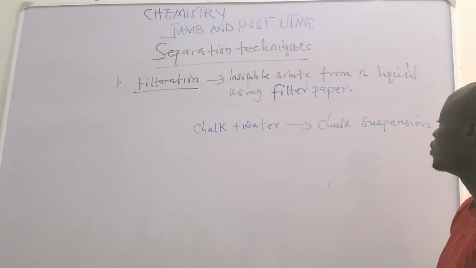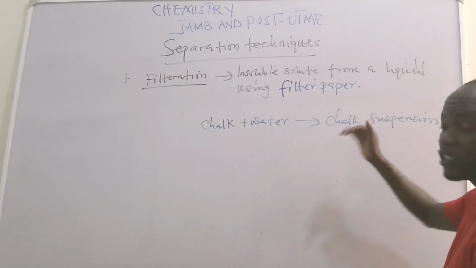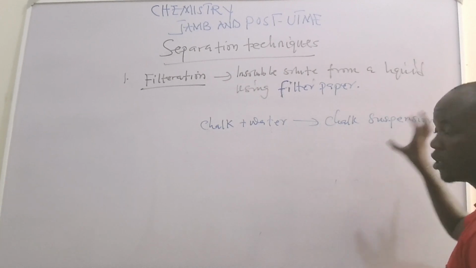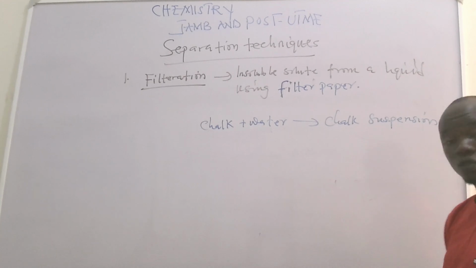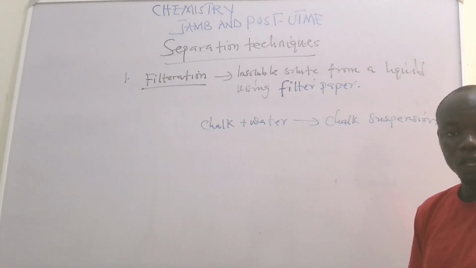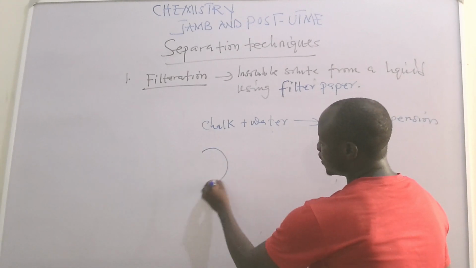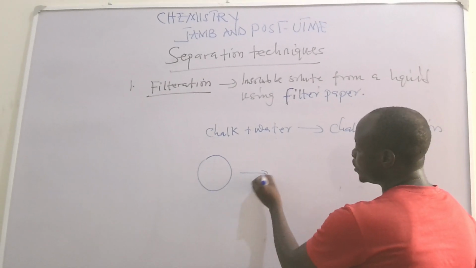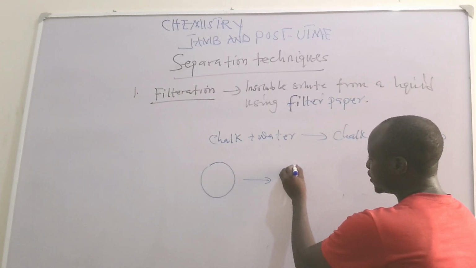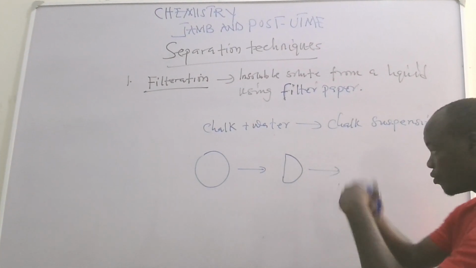So if you now have this chalk suspension, how are we going to separate the chalk from the water? This is our mixture. What we usually do is use a filter paper. A filter paper is something like this, and then you fold it, and you fold it again.